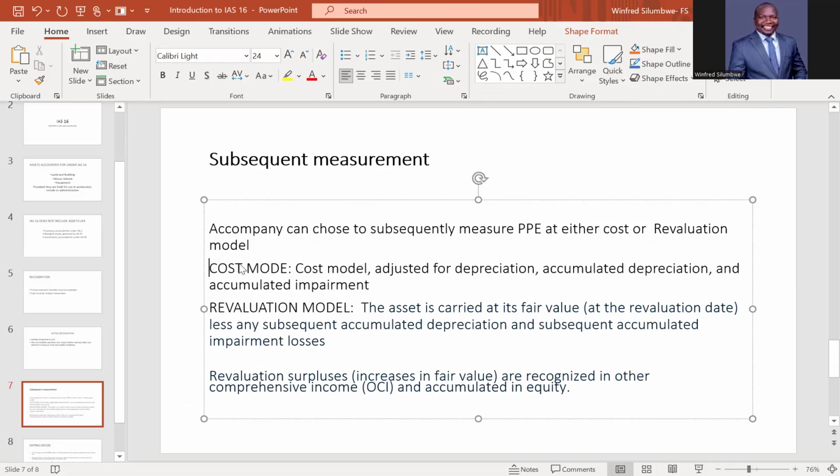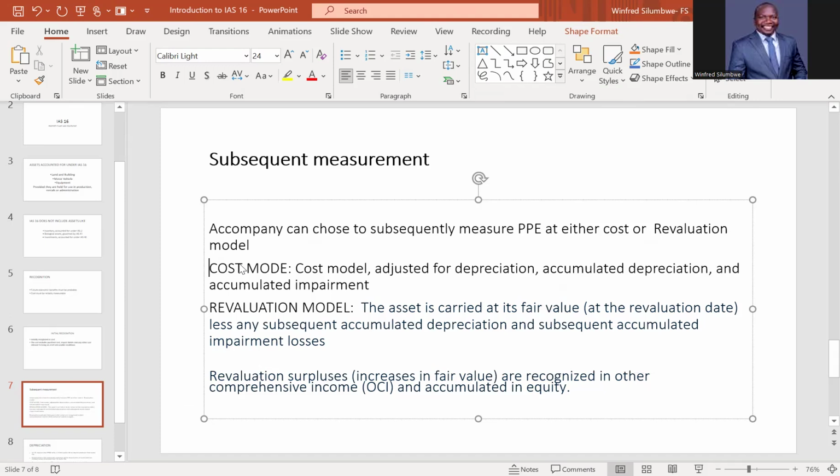So the value has gone up. So if previously it was 5 million, now the building is at 7 million.